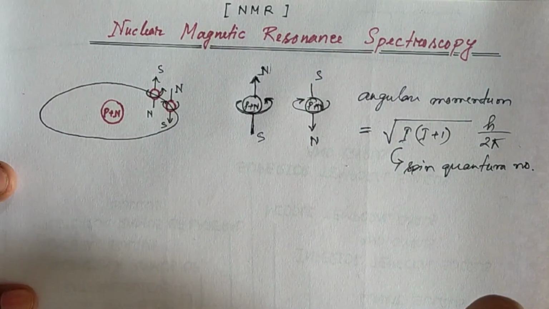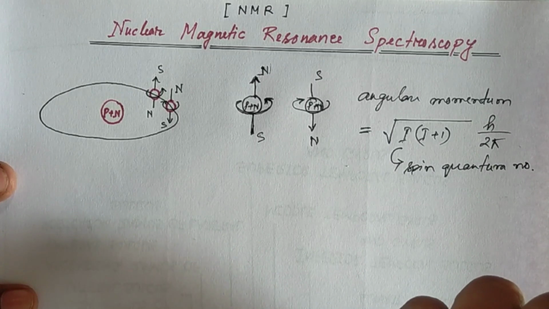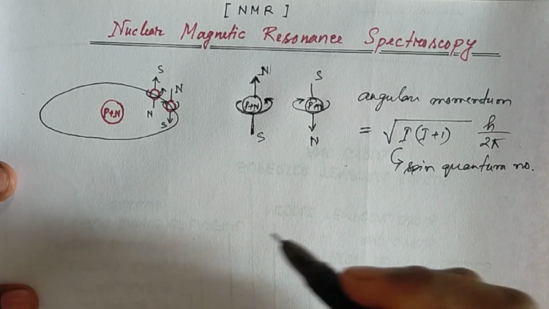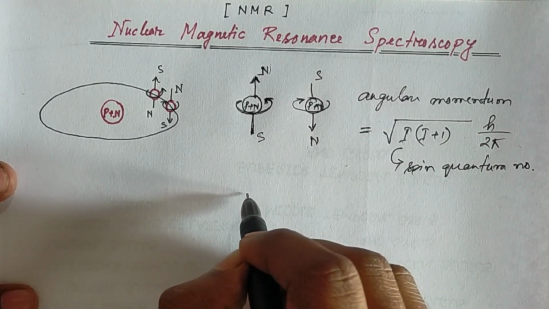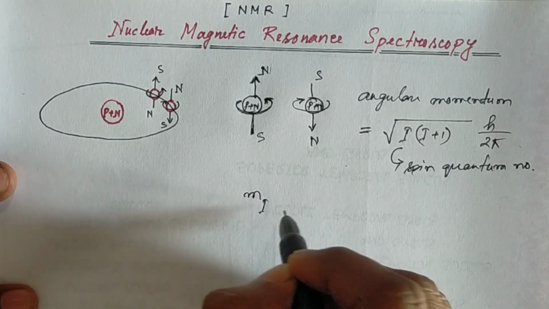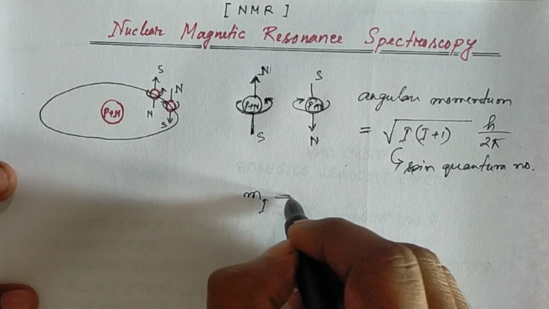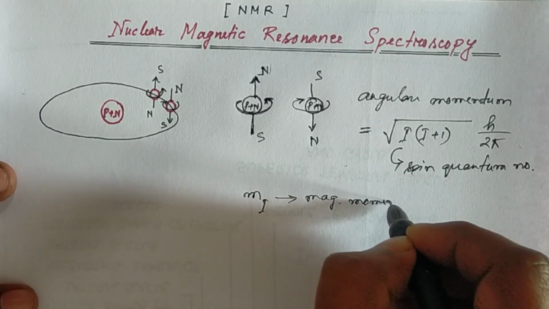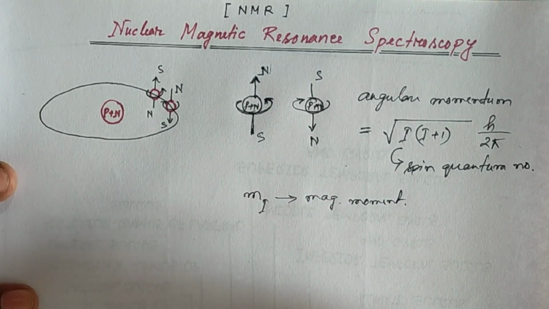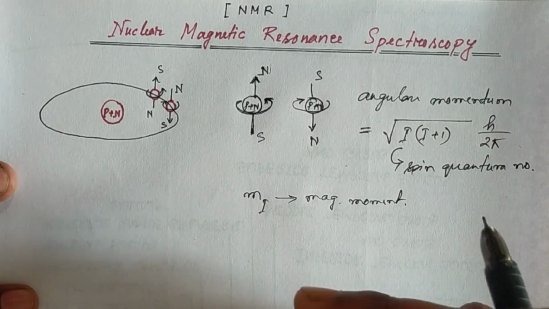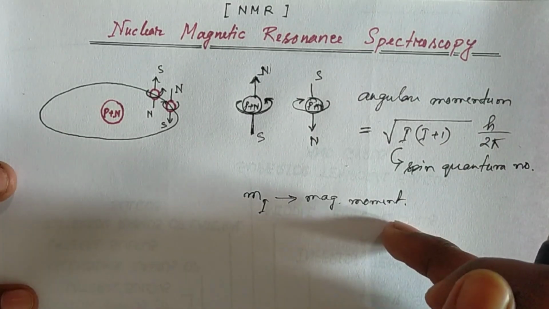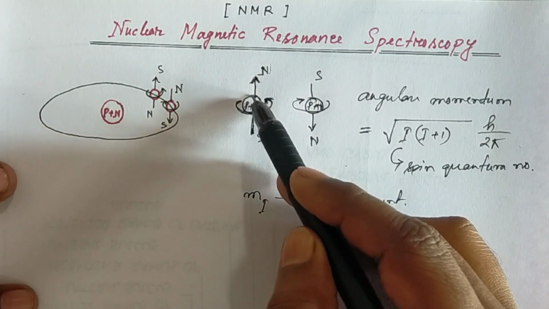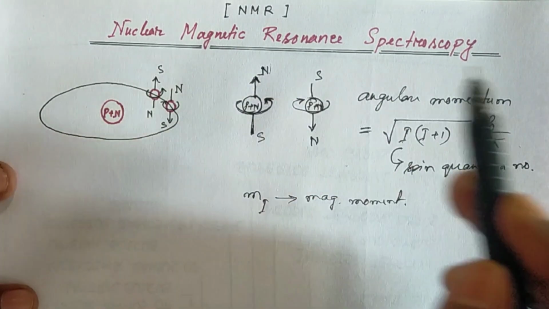And again, due to the spinning, there will be a magnetic moment, which we represent by mu, and its direction will be according to the right hand thumb rule.